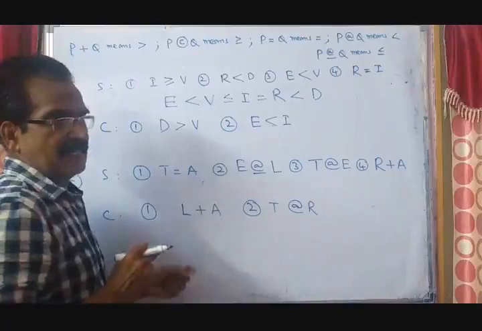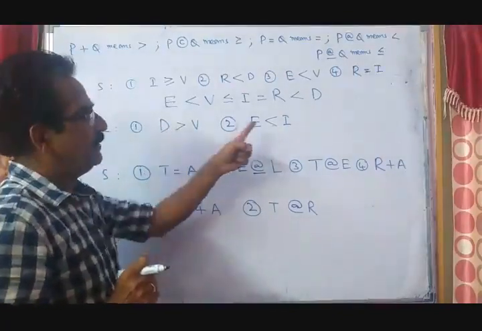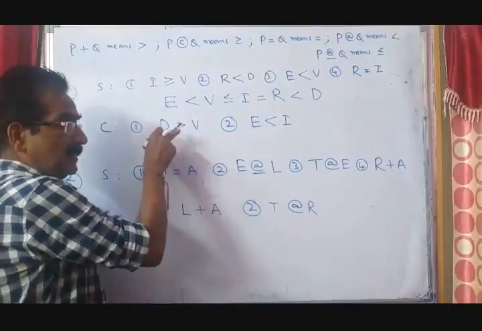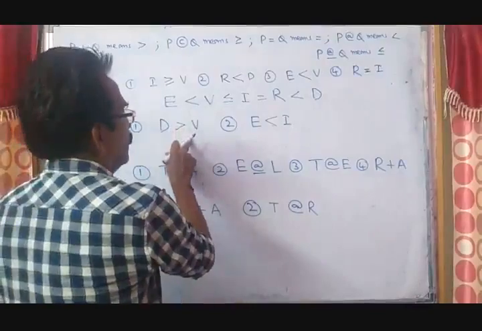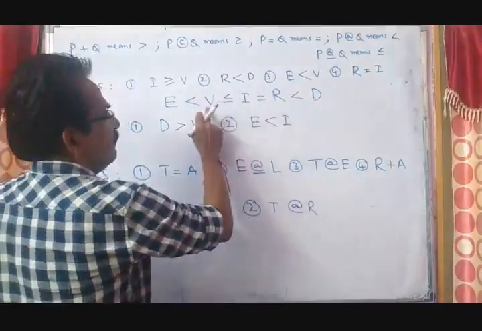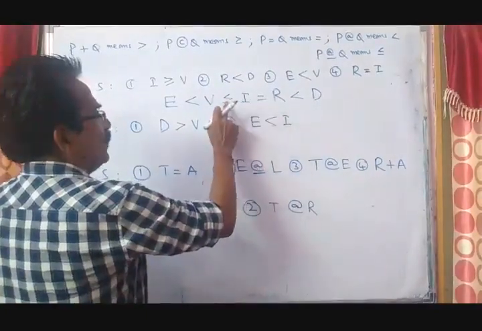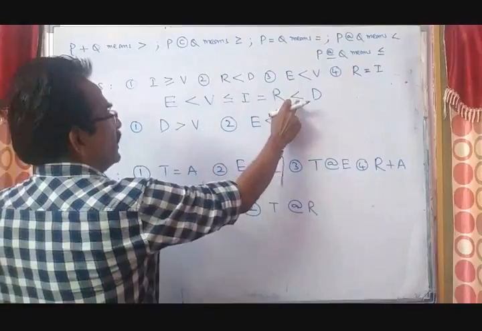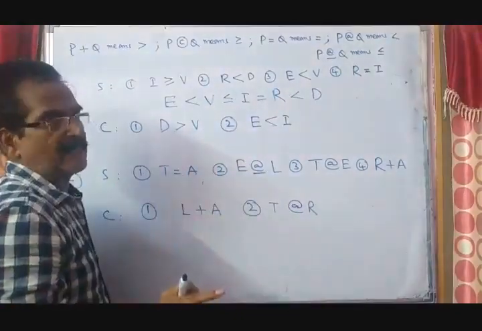So now let us verify whether each conclusion follows or not. D greater than V. D greater than or equal to, greater than: when greater than and greater than or equal to are there, then greater than is followed.